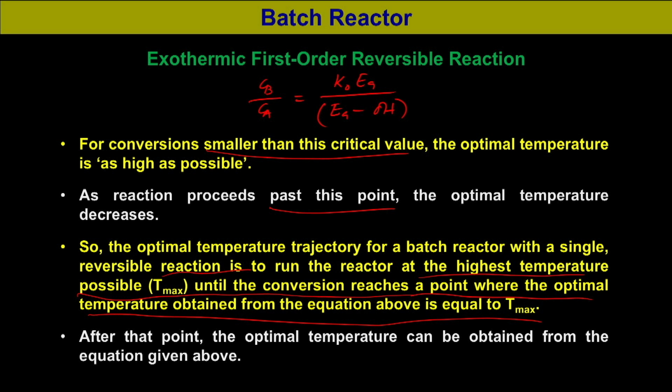Those parameters will decide at the beginning what temperature we should maintain till the critical value, and after that point the optimum temperature can be obtained from the equation given above. So, then we can obtain the T optimum relations. From there, we can obtain the optimum temperature we need to maintain from the relation.